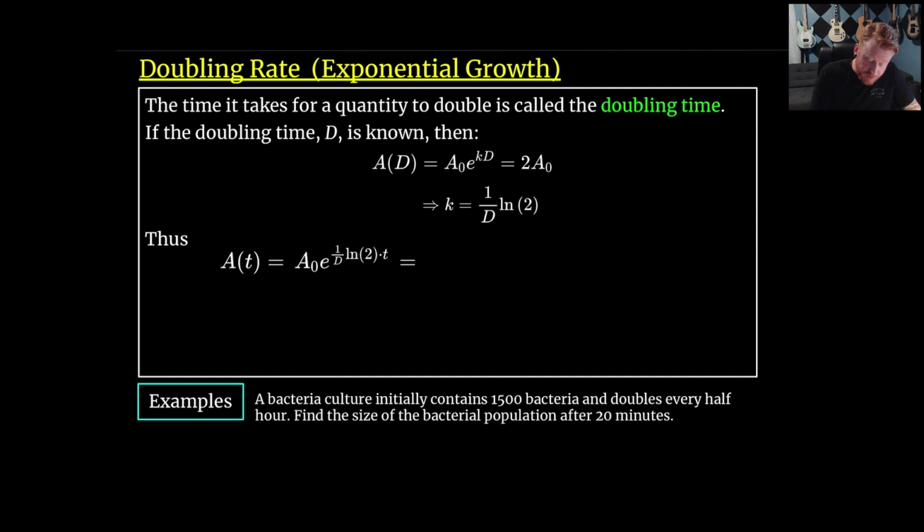So hopefully this setup is making some sense. It is what we're going to use, and if we focus on this portion here, I can cancel those a naughts like we did before, and I've got e to the k times doubling time is equal to 2. I'll take the natural log of both sides.